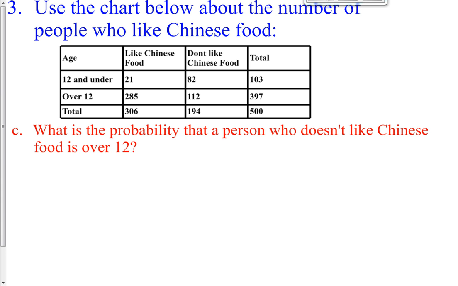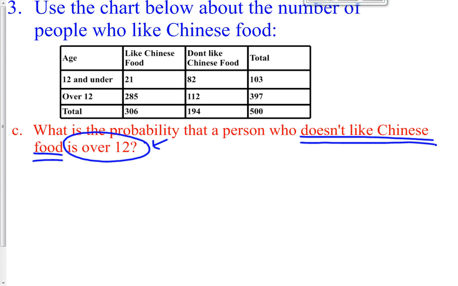Let's do letter C. This one's worded a little bit differently. What is the probability that a person who doesn't like Chinese food is over 12? So if we think about this for a second, we're asking what is the probability that a person is over 12, given the fact that they don't like Chinese food.